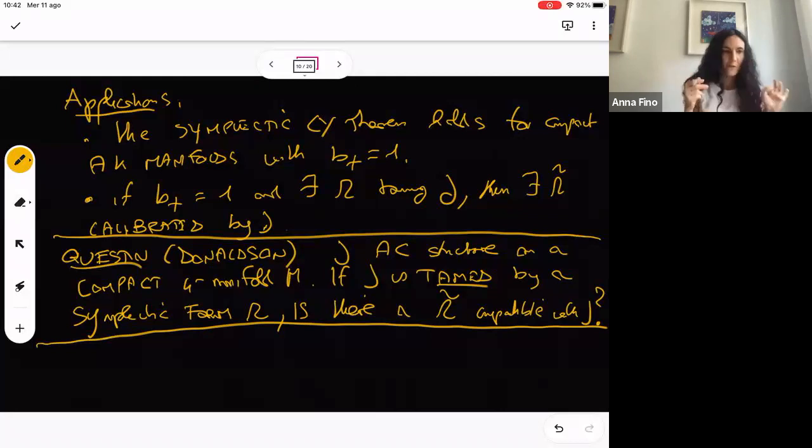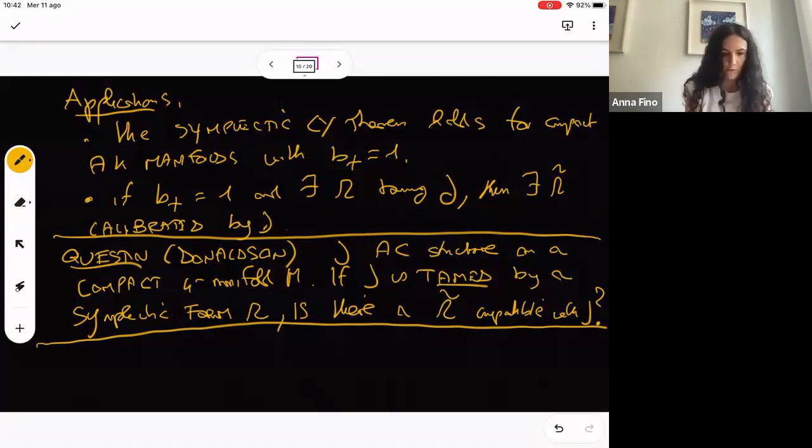The first remark: of course, one can put this question not only in dimension 4, but in higher dimension, but we will see that it makes sense only in dimension 4.